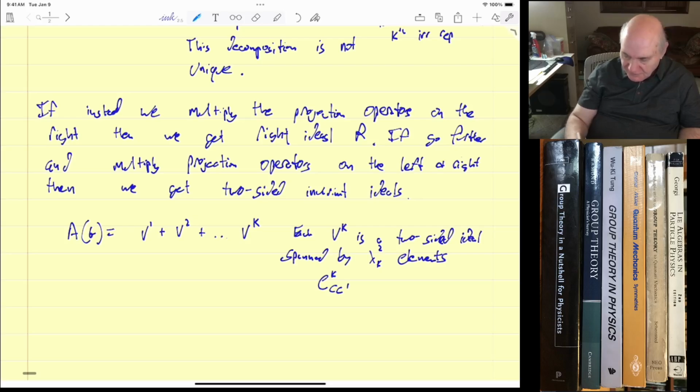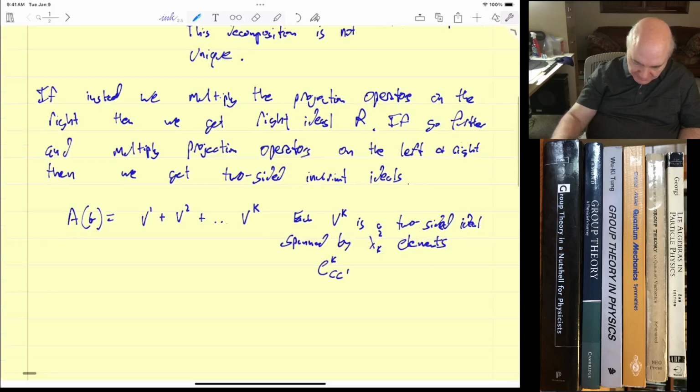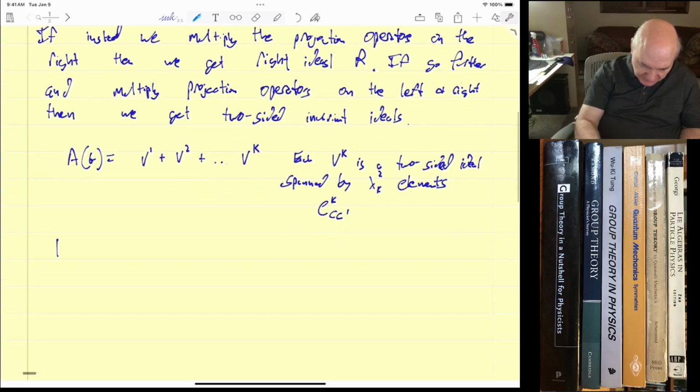C and c prime, there's two indices, they both go from 1 to lambda k, that's why we get lambda k squared elements. And this decomposition is unique.